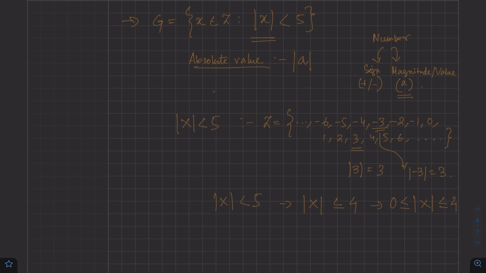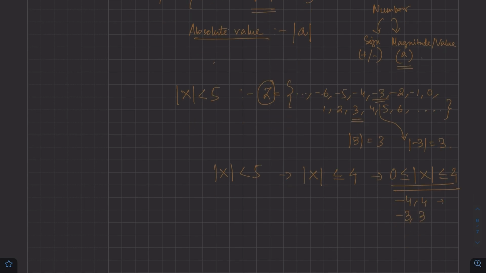So we need to find all such x that belong to the integer set such that the absolute value of x is greater than or equal to 0 and less than or equal to 4. So if we take a look, minus 4 and 4 both have an absolute value of 4.